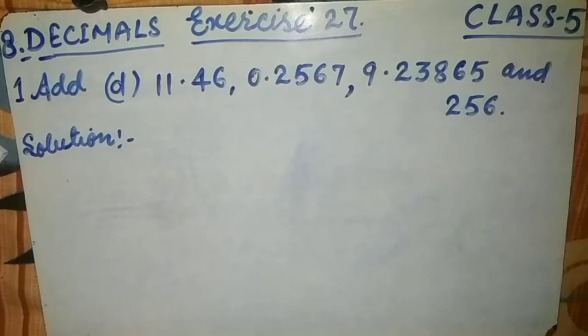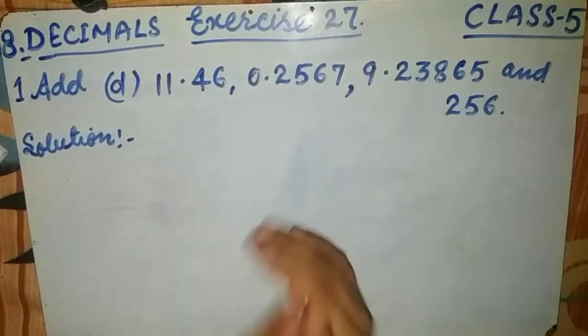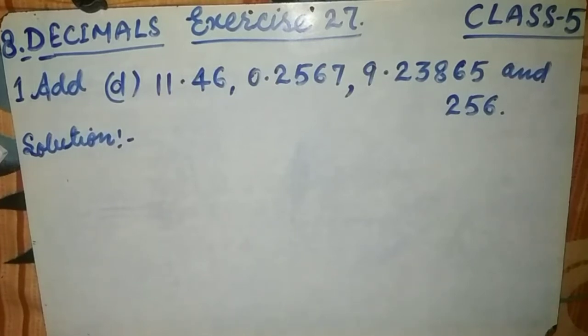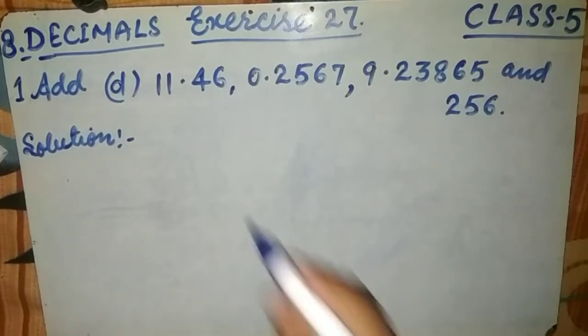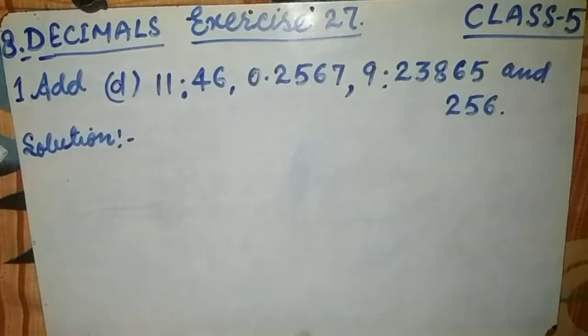Now see friends, first of all we have to arrange all the decimal fractions column-wise, and remember one thing: we have to keep all the decimal points in a straight line.